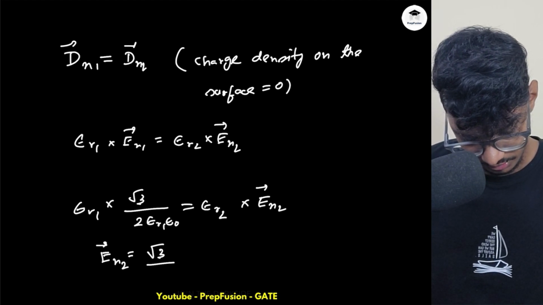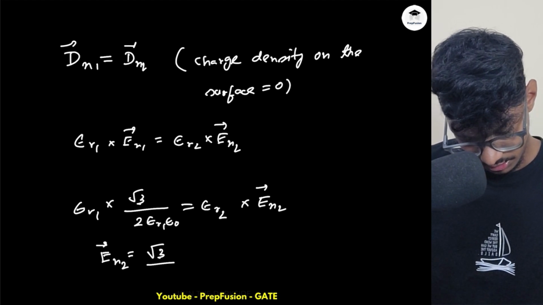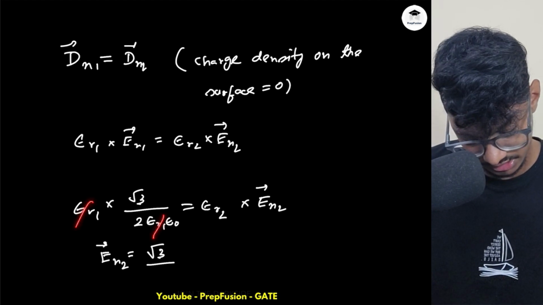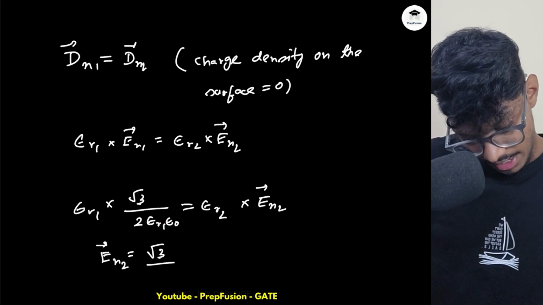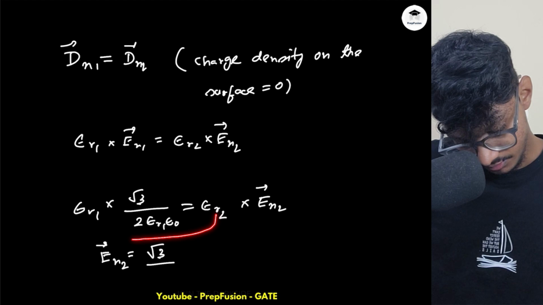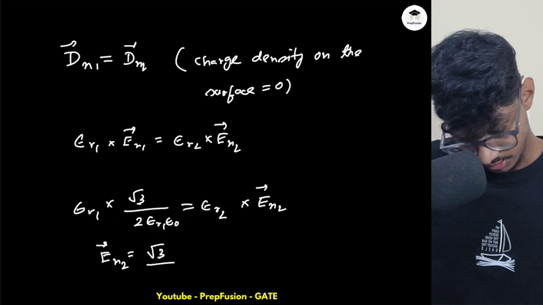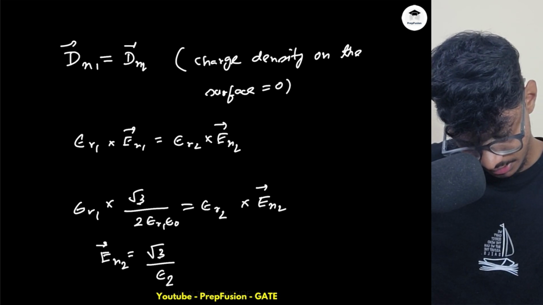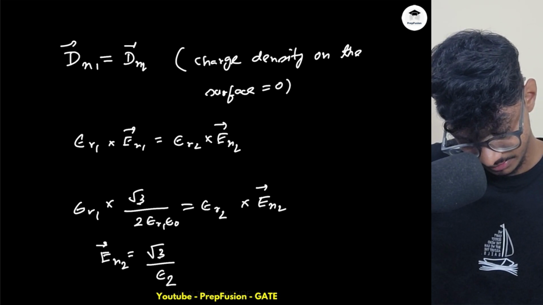This cancels out. Epsilon r cancels out, and this epsilon r1 will actually go in the bottom. So this will be epsilon 2 of this particular electric field.